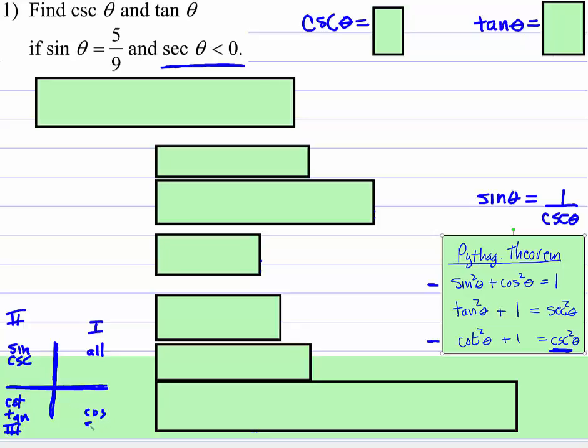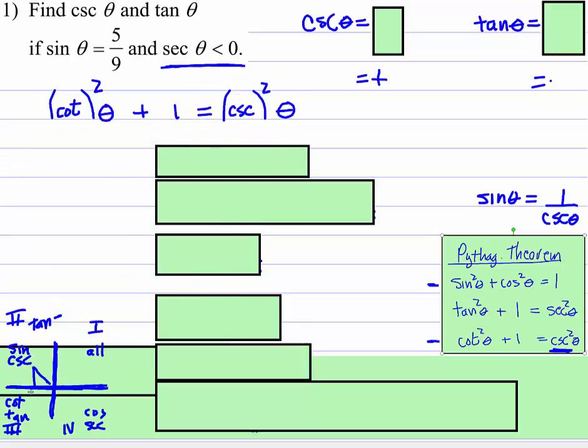In the fourth quadrant, it's cosine and secant. Because sine is positive and secant is negative, we know we're going to be in the second quadrant, which means cosecant will be positive, and tangent is going to be negative. All right, let's go ahead and get started.